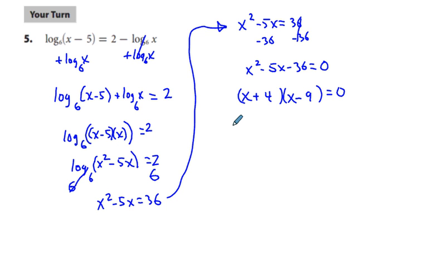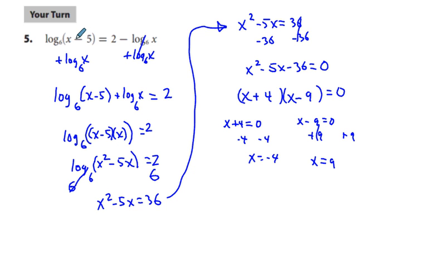So using the zero factor property, we have x plus 4 is equal to 0, and x minus 9 is equal to 0. So solving, x is equal to negative 4, and adding 9 to the other side here, we have x is equal to 9. And now we can plug back in. Now if we plug in negative 4, we're going to get log base 6 of negative 4 minus 5.